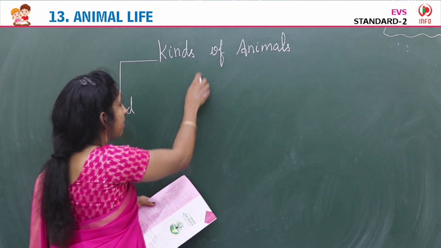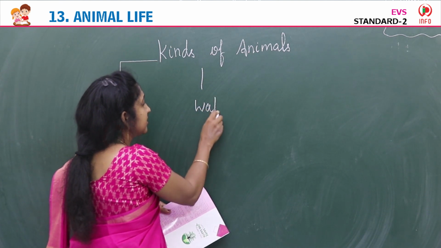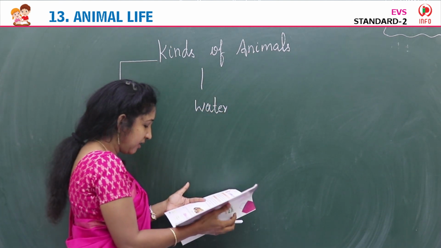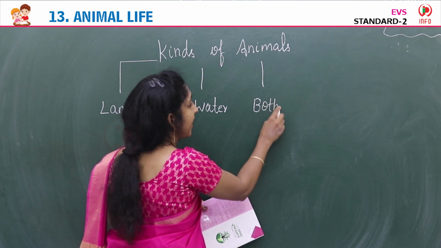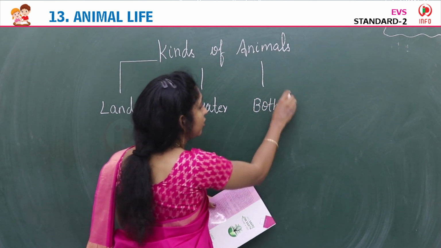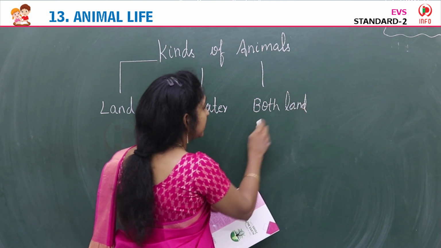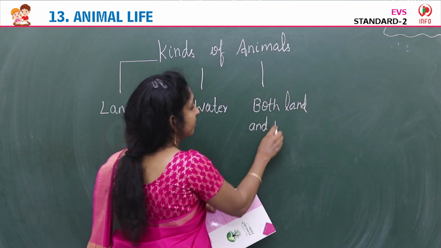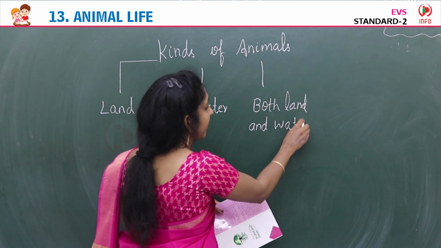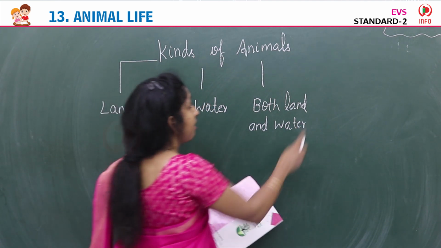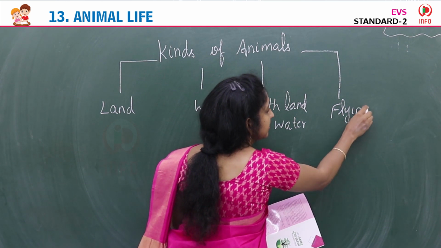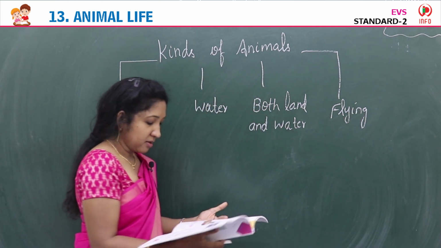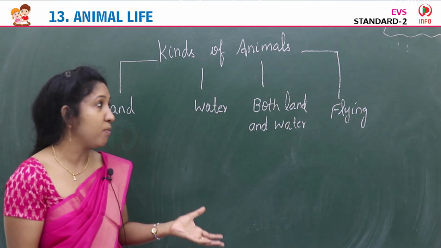Then we have water animals, the animals that live in water. Then we have animals that live both on land and in water. Then the next kind of animal is flying animals, animals that fly like birds, isn't it? So these are the kinds of animals.